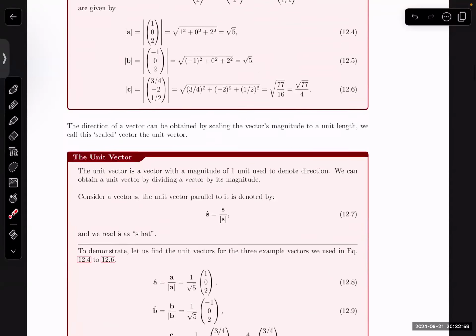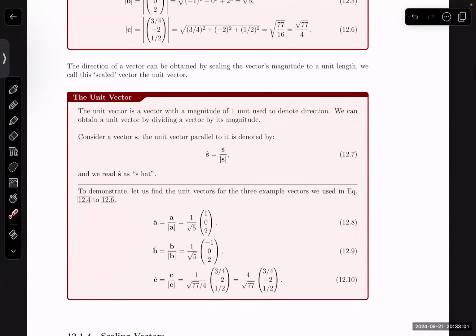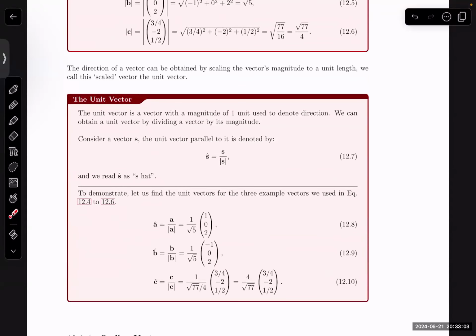Now, I mentioned vectors have magnitude and direction. The direction part is a little bit more confusing than the magnitude part. I can't apply a formula like Pythagoras theorem to extract the direction of a vector.